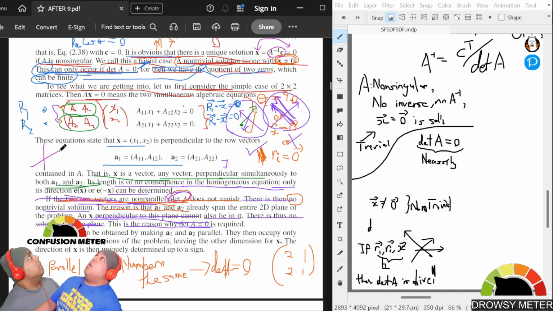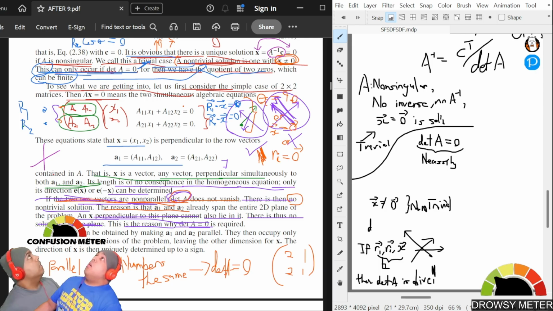So if they're non-parallel, the rows are not identical, which means the determinant is not 0.